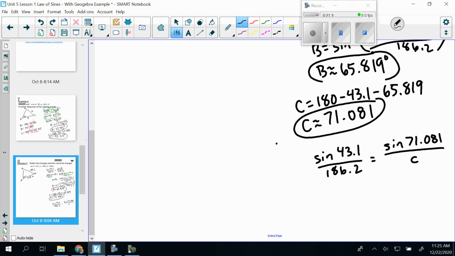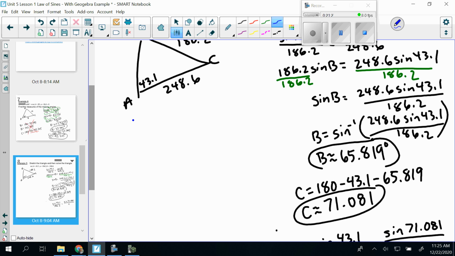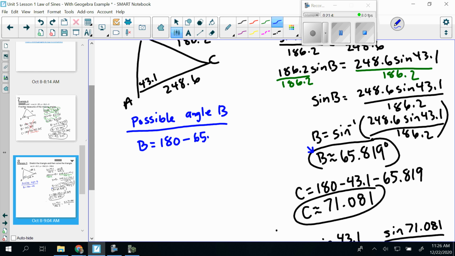But for this last part now, we've got to check: is there another possible angle here? So our other possible angle B would be the supplement. We can take 180 minus the angle we got here for B, which is 65.819, and see what we get.